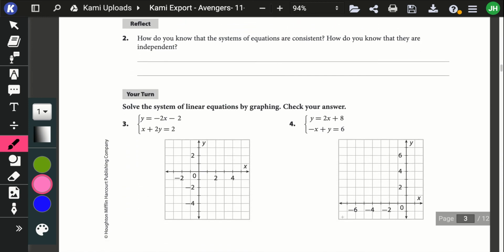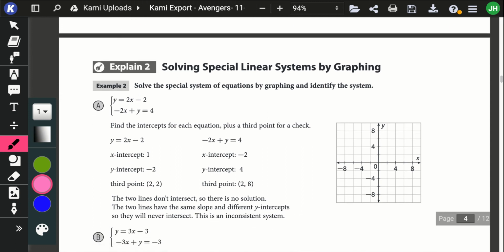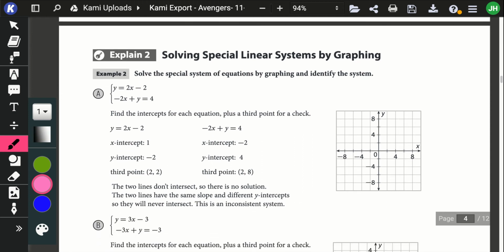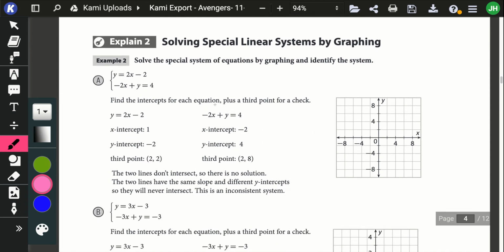Okay? Now, next one, solving special linear systems. These are going to be either the consistent dependent, two lines that are the same, or inconsistent. Find the intercepts for each equation plus a third point. Okay, when y is 0, x is 1. 1, 0, these go by 2, so 1, 0 is right here.